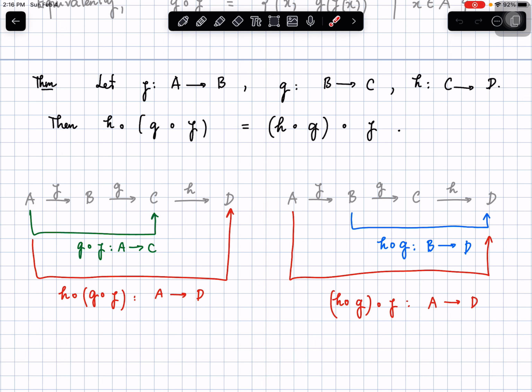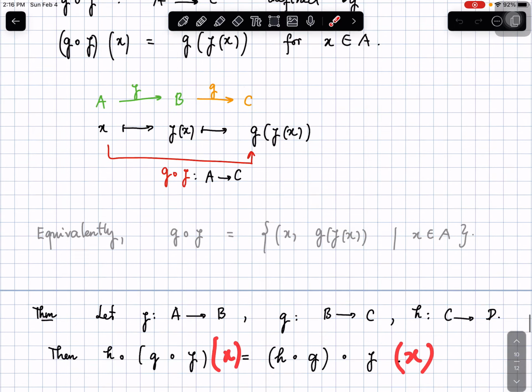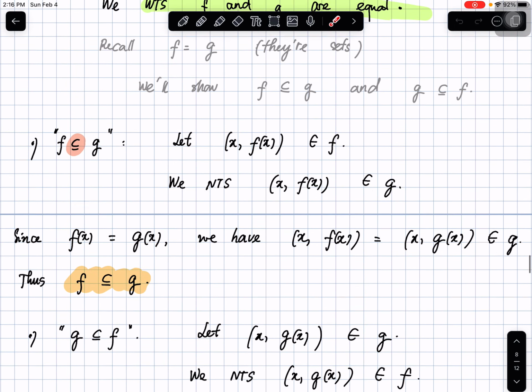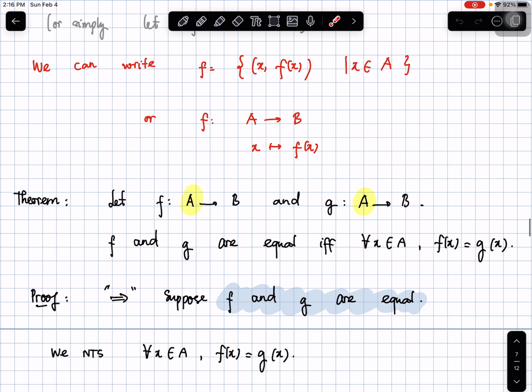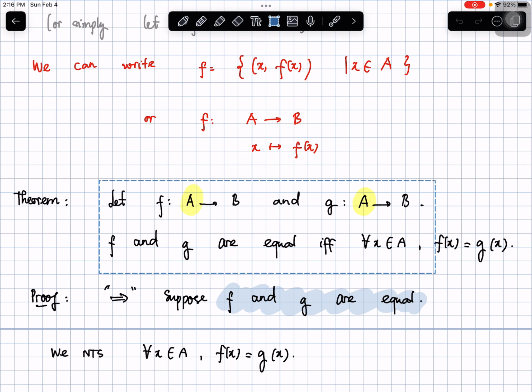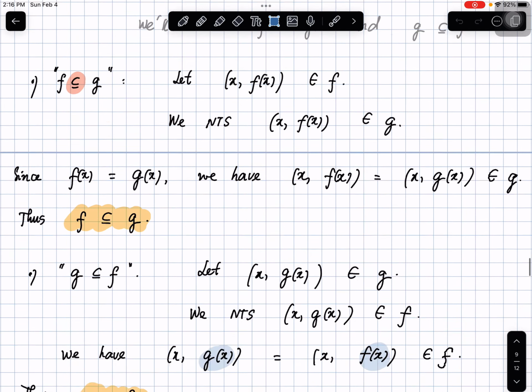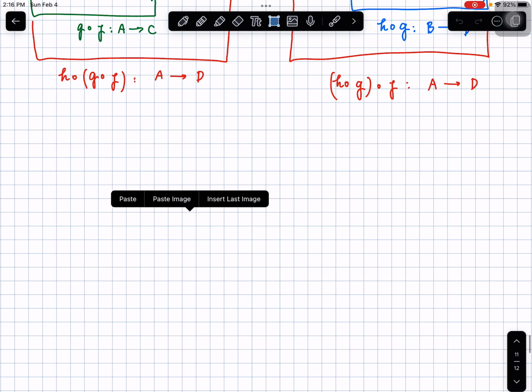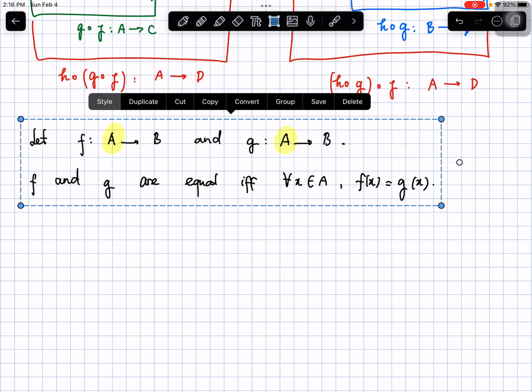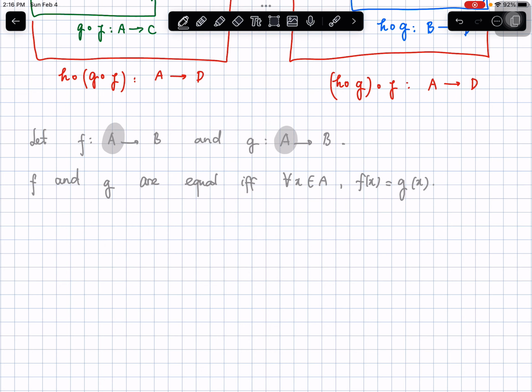Okay, now these two functions are equal. Recall we have a theorem, two functions are equal if the values for any x are equal. So let's recall this theorem. We did prove this before. Let f from A to B and g from A to B. Two functions f and g are equal if and only if for all x in A, f of x equals g of x.